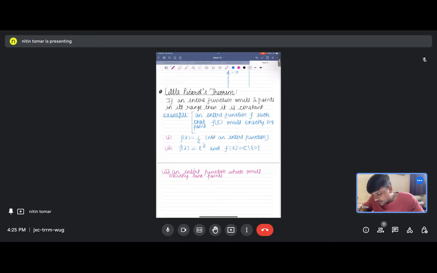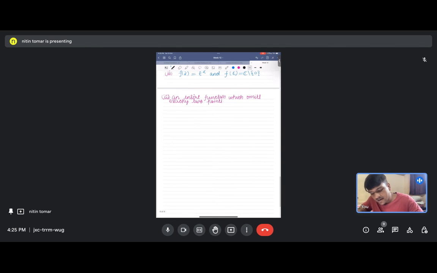Can we do that? Do we have an example? Read the statement of Little Picard's theorem. Do you know what omit means? Is the statement clear to all of you? If not, then please ask. I am not expecting that you will be knowing this, so you can ask very freely.